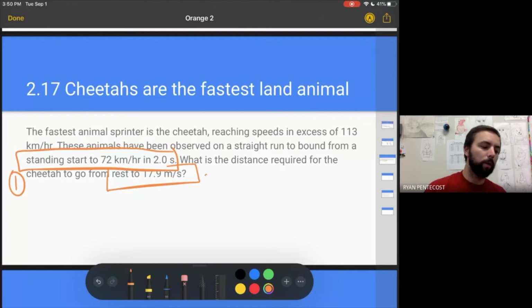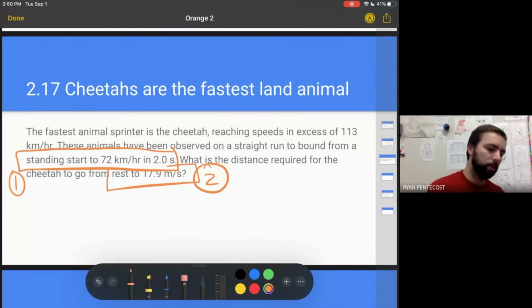We need to know how fast is the cheetah accelerating from standing start to 72 kilometers per hour in just 2 seconds flat. What is the acceleration in that? Then we can use that acceleration to find the distance that the cheetah travels if it's going from rest to 17.9 meters per second. So, and this is the kind of method that you're going to have to use in this class. Sometimes you've got to solve for one thing before you can even consider solving for the next.